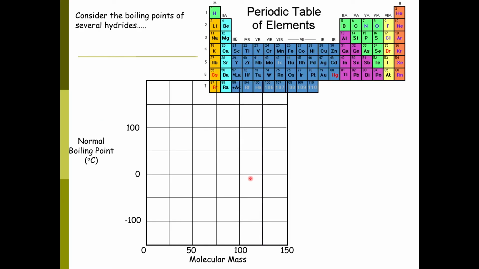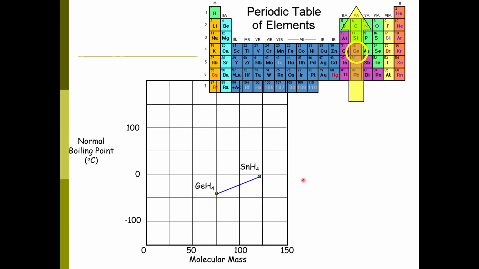So now let's take a look at some of the different hydrides right here. We're going to look at all these in group 14. This is the carbon group right here. So we're going to look at hydrides of them. So we have tin hydride, and then germanium hydride, and we continue down the group, and then we have silicon hydride, and then we have methane, or CH4, or carbon hydride.